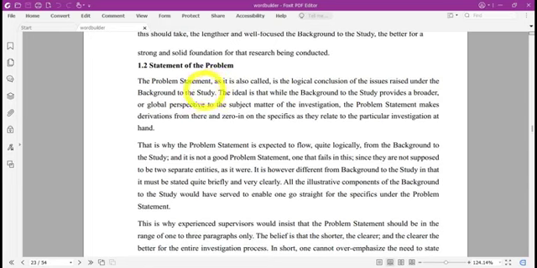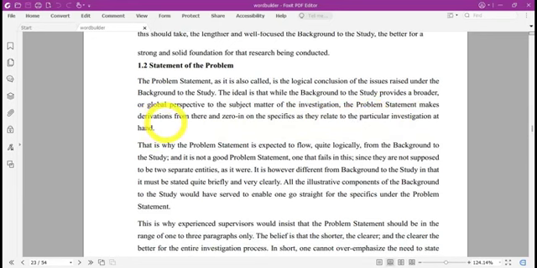So that is where you call out your problem statement. The idea is that while the background to the study provides a broader or global perspective to the subject matter of the investigation, the problem statement makes derivations from there and zeroes in on the specifics as they relate to the particular investigation at hand.